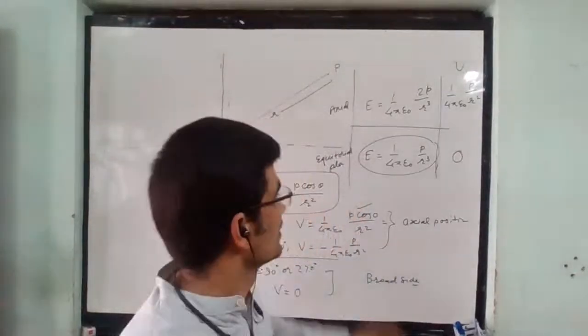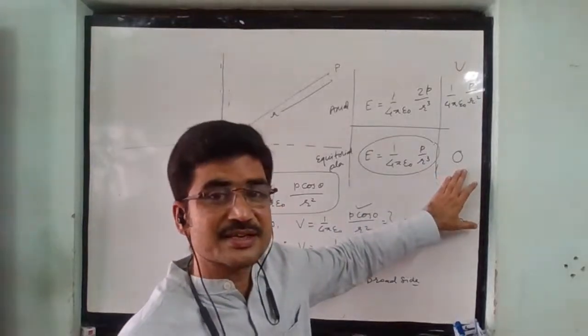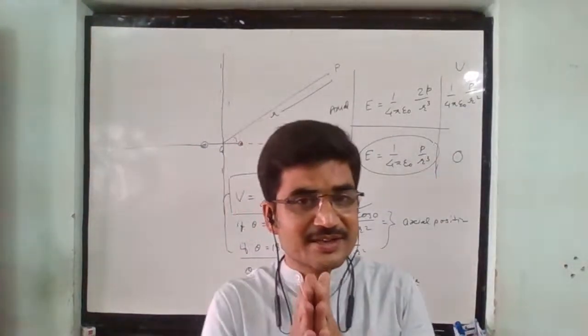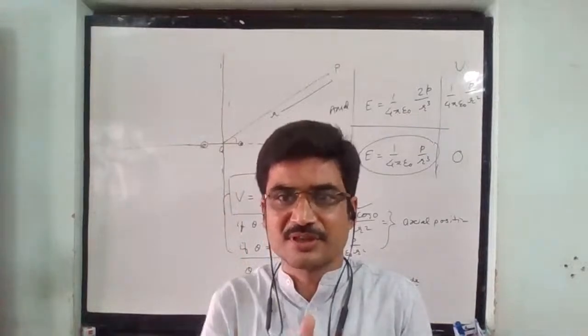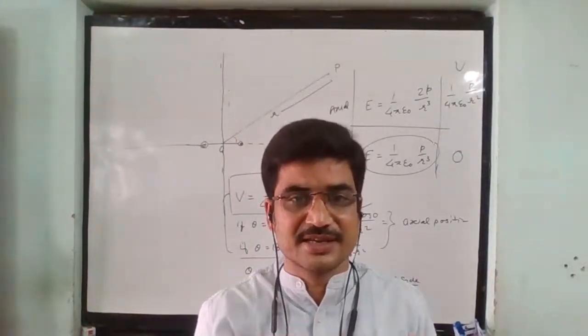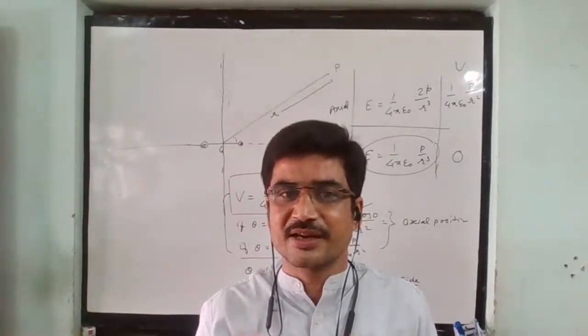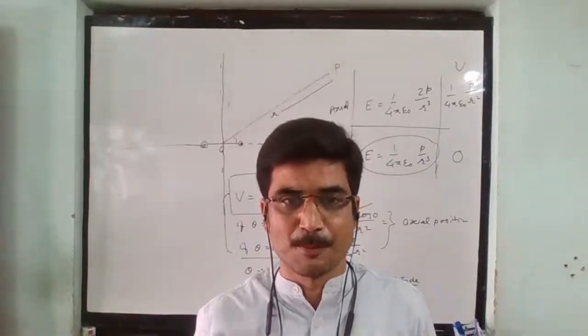What is that? The broadside on position of a dipole. There the electric field is present, but the electric potential is zero.